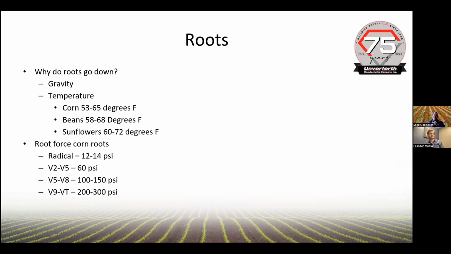But if we can push through 200 to 300 psi at V9 to VT, we're starting to get where we can really push through. By the time we get to VT to R2, we can push through 400. That's why those roots can elongate, especially if we've saved them the energy early on with the strip till, then they can elongate further.